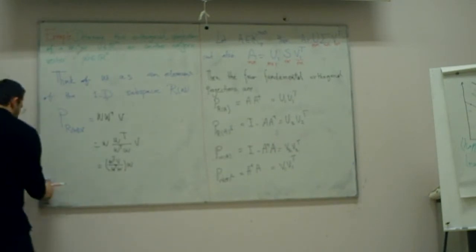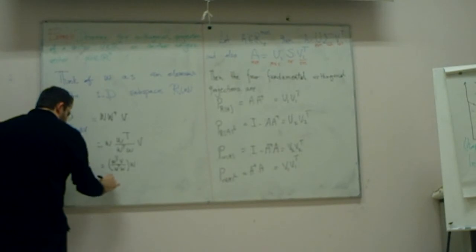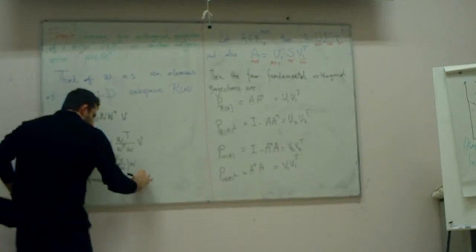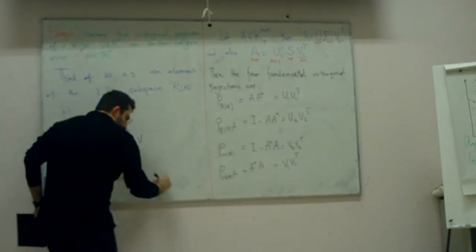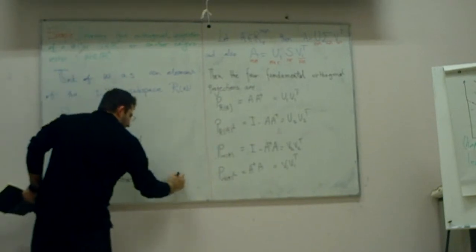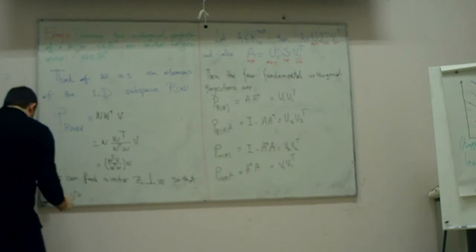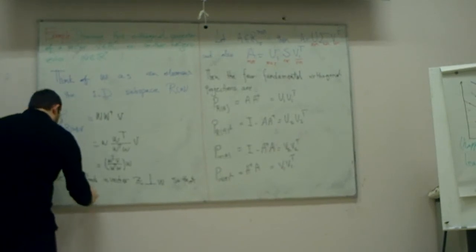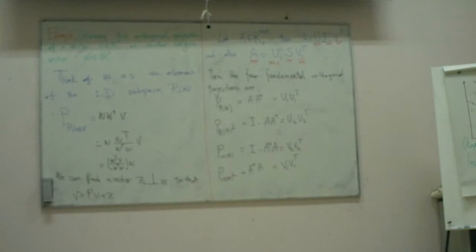Now, we can find a vector, let's say Z, which is orthogonal to W, so that the vector V can be written as PV plus Z. Let's visualize it in this form.